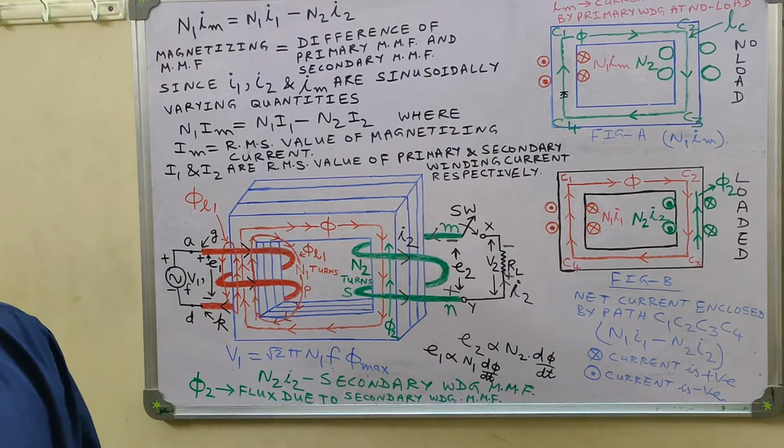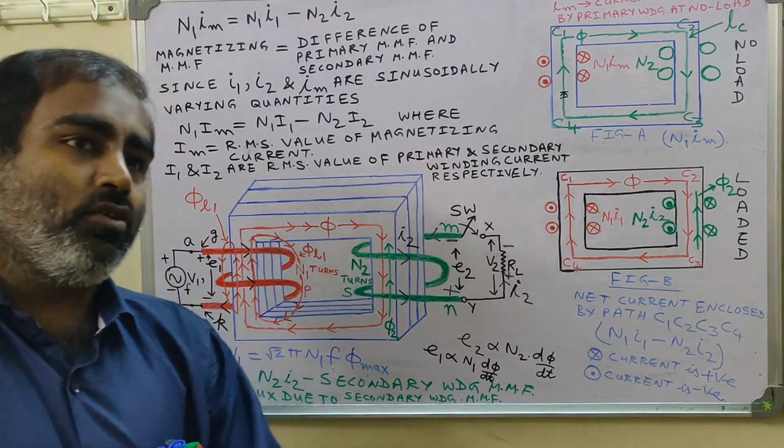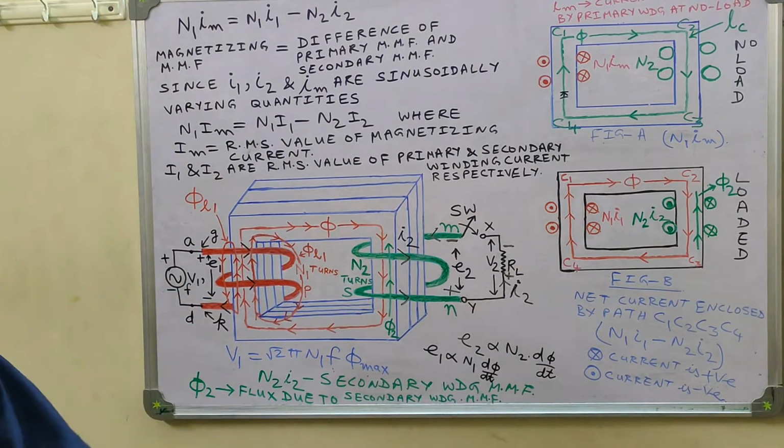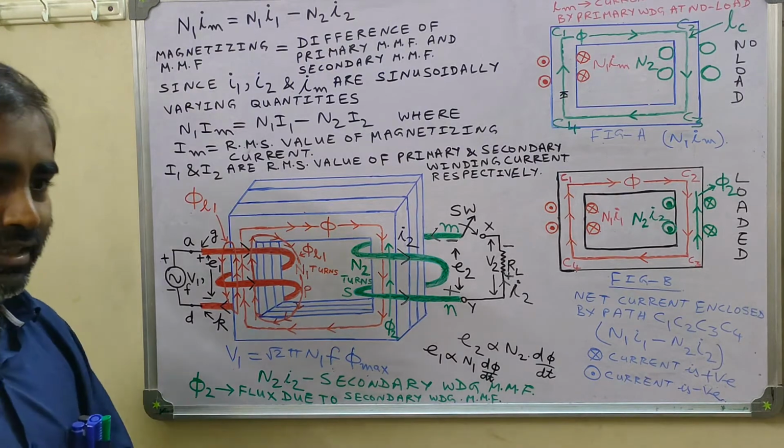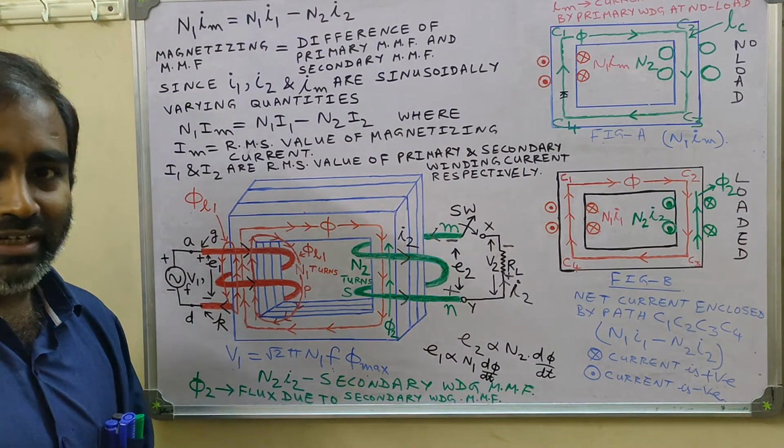That means the value of relative permeability mu r will not change. It will always remain constant. This is our fourth assumption, that for an ideal transformer there is no magnetic saturation occurring.